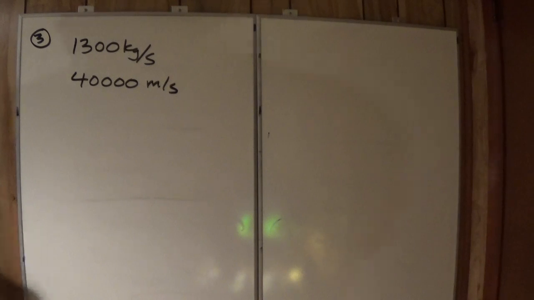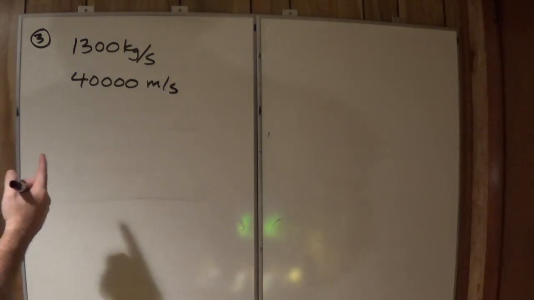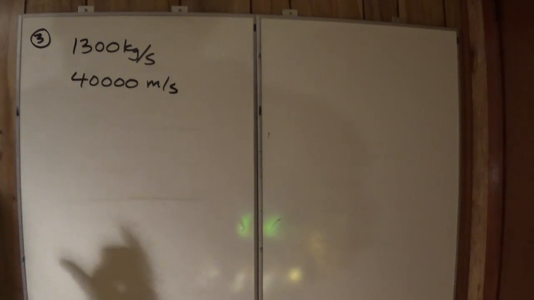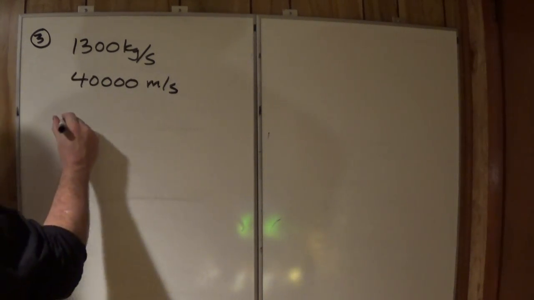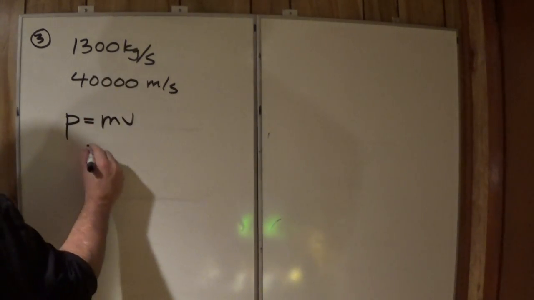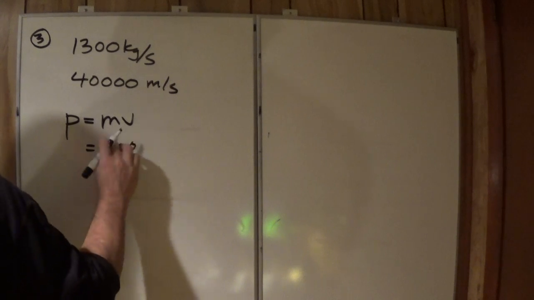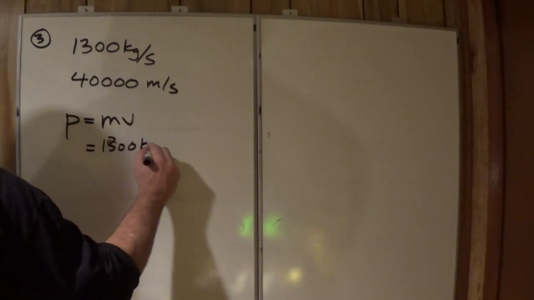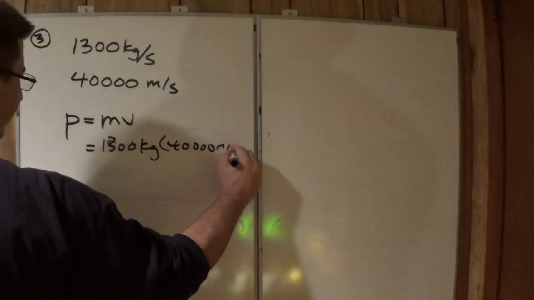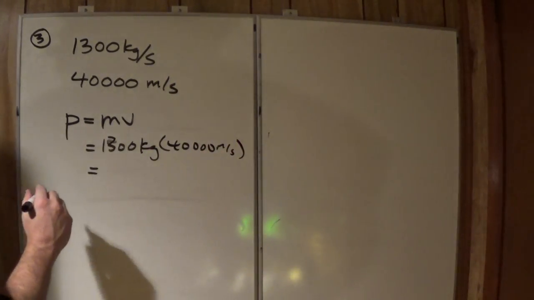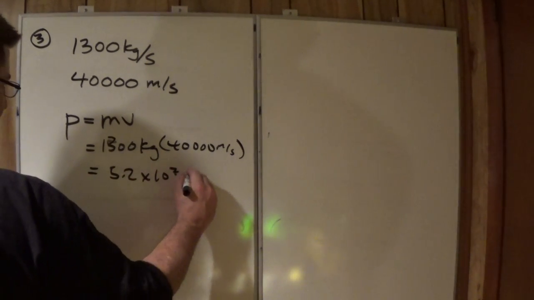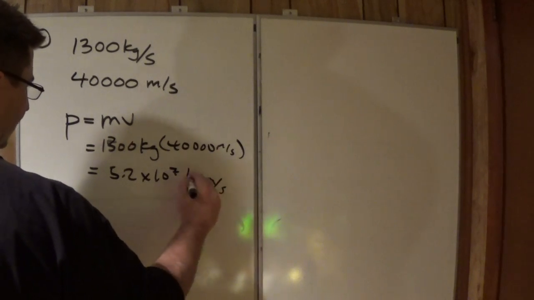So what we can do here is determine the amount of momentum gained by 1,300 kilograms of gas expelled at 40,000 meters per second, which is 5.2 times 10 to the 7th kilogram meter per second.